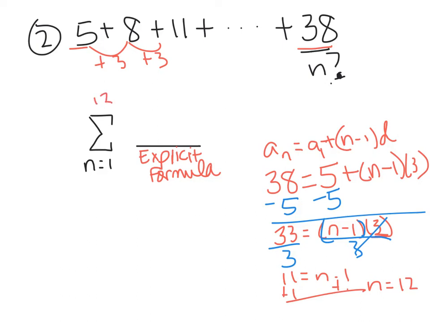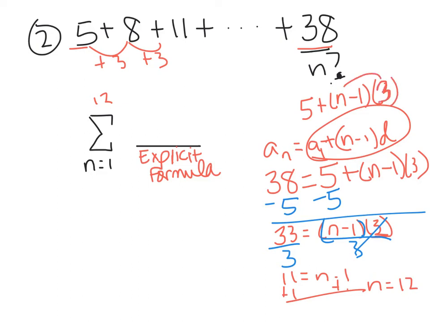And your explicit formula, you're going to go back to this first step. It is going to be 5 plus n minus 1 times 3. And you're going to want to multiply that in. So you'll actually end up with 5 plus 3n minus 3.